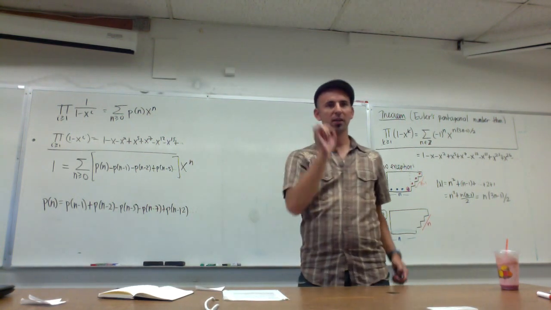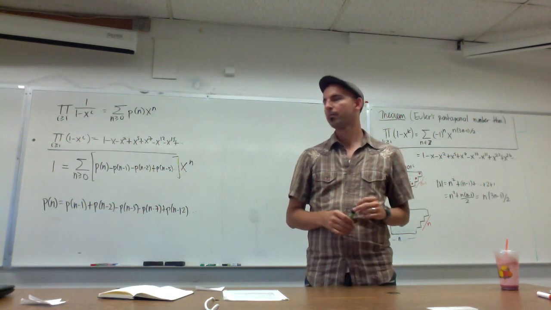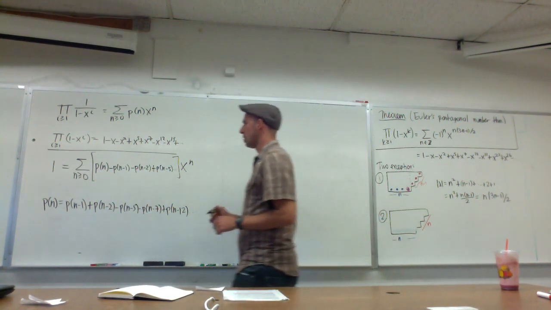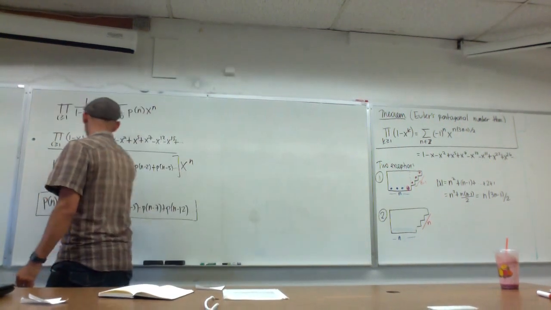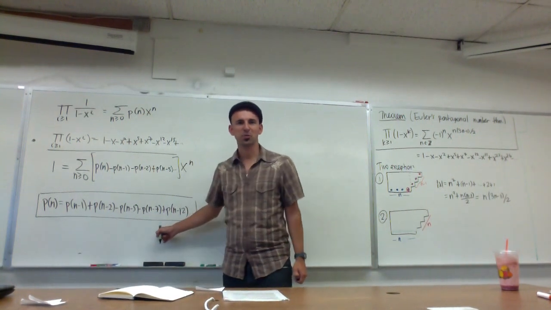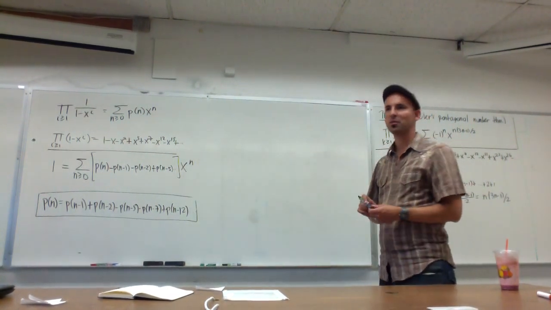If you want to find one particular p of n, then there are better methods that are much more sophisticated. But I think I'm not mistaken in saying that this is really what Euler was after. He wanted to compute these numbers, and so he discovered this whole stuff to compute them like this.